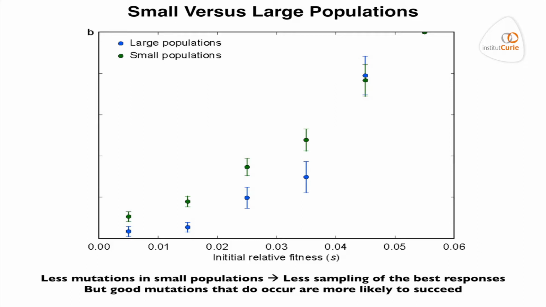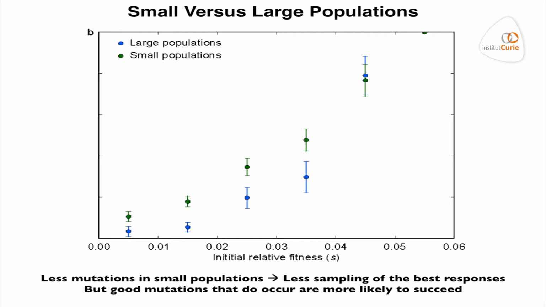Okay, you see a sort of complicated effect of population size. On the one hand, in smaller populations fewer mutations are occurring, so strongly beneficial mutations are less likely to happen in the first place, because there are just fewer individuals in which the mutations can occur, so you less thoroughly sample the full mutational space.